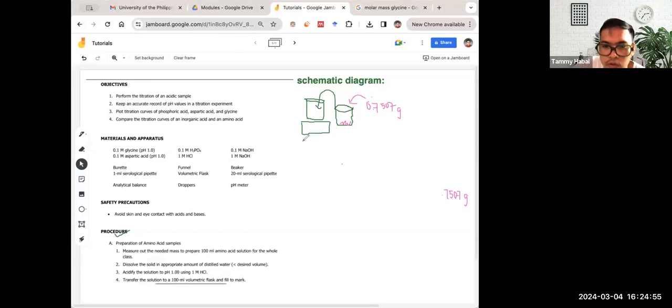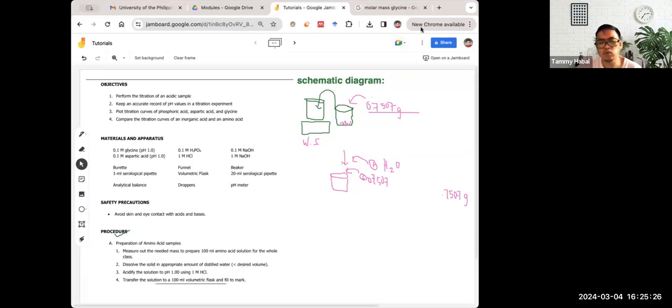This is your weighing scale. You weigh 0.7507 grams, put it in your beaker, and then just dissolve it with water. That's the first step.